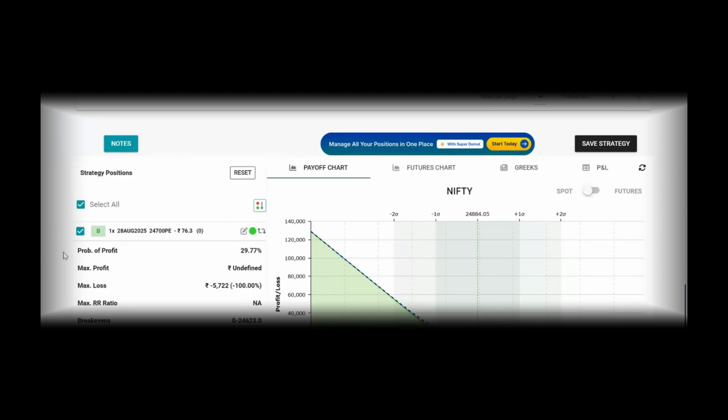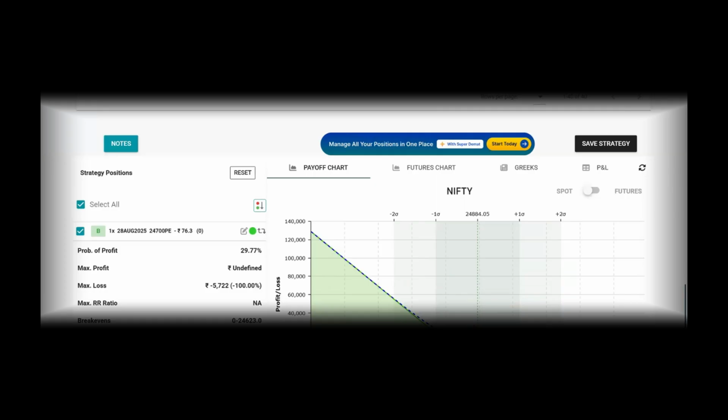Now let us look at the payoff chart and the numbers. Maximum profit is undefined because theoretically Nifty can fall up to zero. So the maximum profit is hence undefined. What is the probability of profit? Probability of profit is computed using a different set of metrics, based on volatility and standard deviation and other parameters.